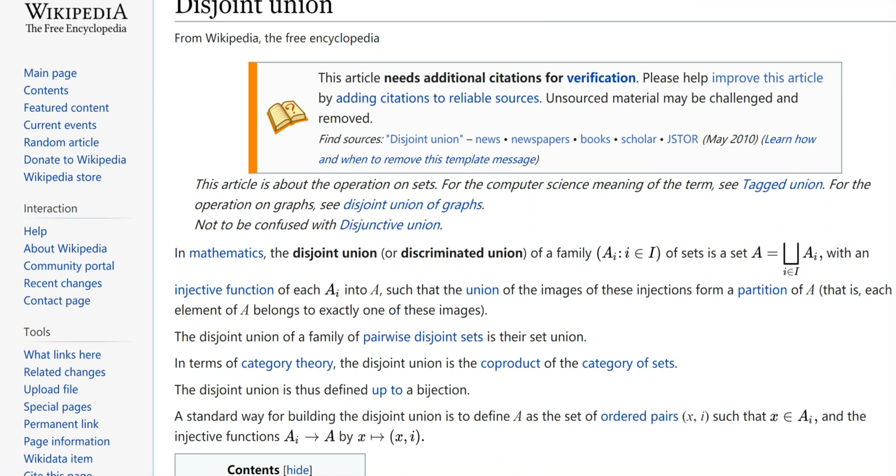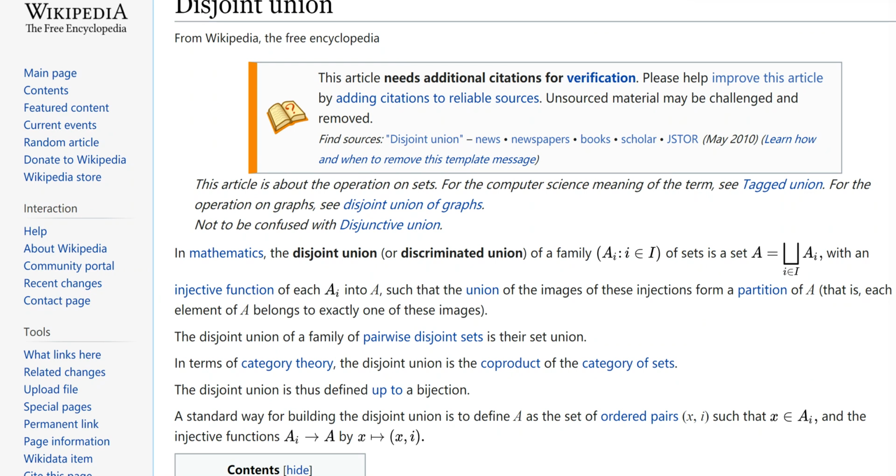You have to say, in the category being discussed, whether the coproduct exists. If it exists, then the disjoint union exists because it's a special coproduct.